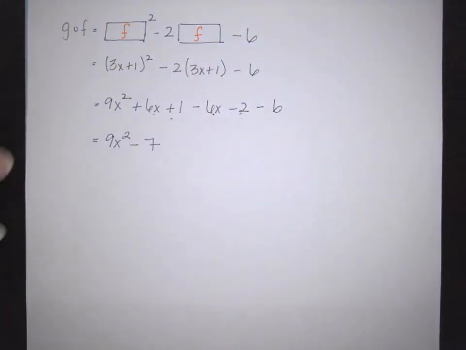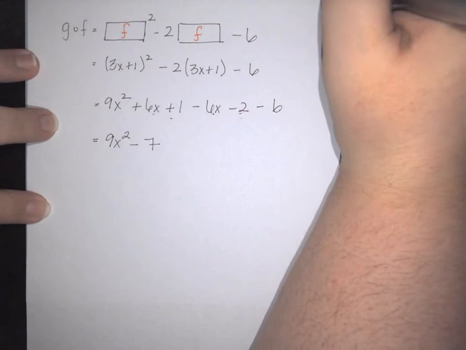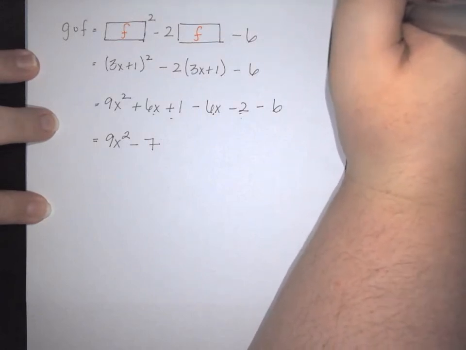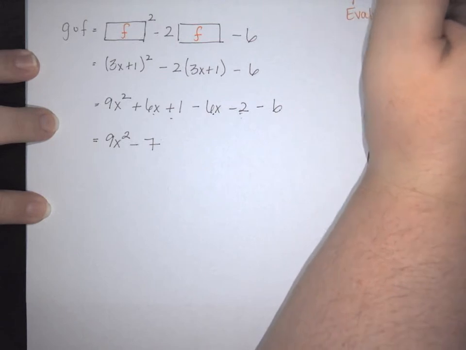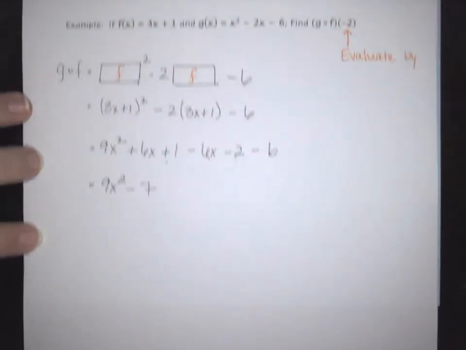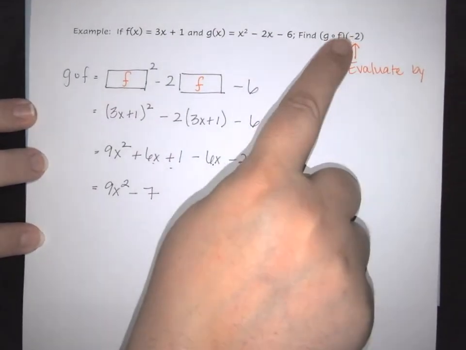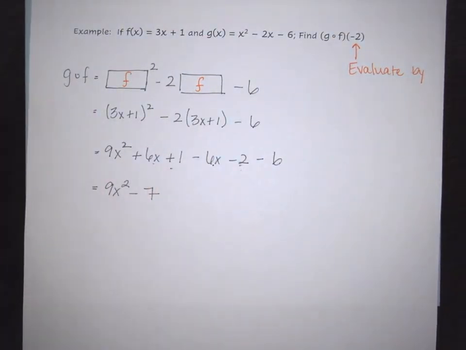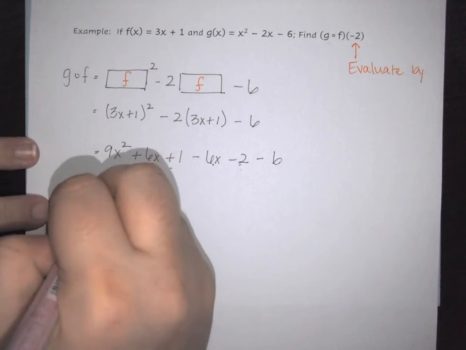Now the last thing you have to look at again is what you're supposed to evaluate by. Since this negative 2 here is a number, when we evaluate by it, we should end up getting a number as a result.